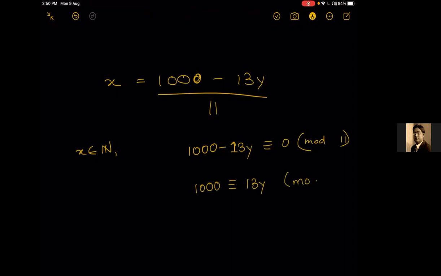As y is also a natural number, we can divide 13y as 11y plus 2y. So, sir, that means 1000 is congruent to 2y mod 11.